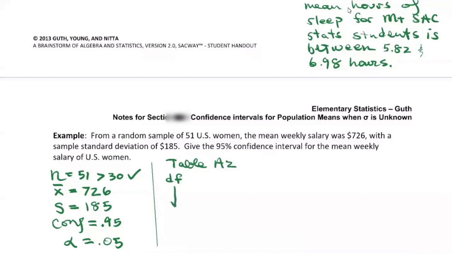How convenient, N minus 1 is 50. I think it used to be 49 and they changed it so that it would be on the table. If you don't see your degrees of freedom, just pick the closest one. The alpha is 0.05 two-tail.